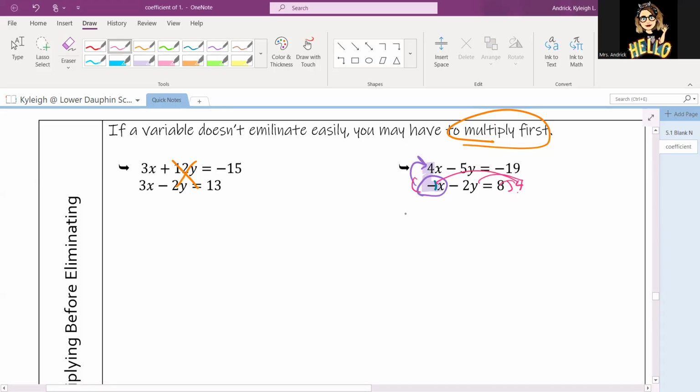So 4 times -1 is -4x. 4 times -2 is -8y. And 8 times 4 is 32. So now I have the same number but opposite signs. And that's what I need. So what I'm going to do really quick is just rewrite this equation down here.